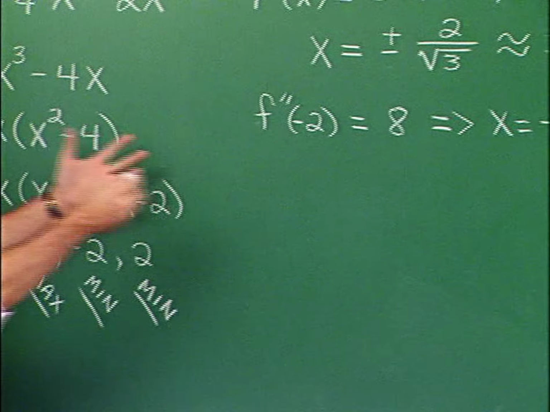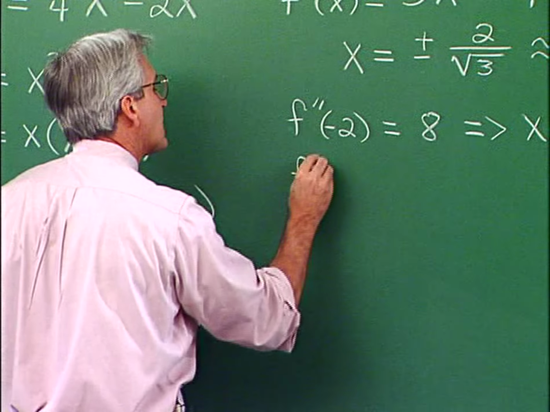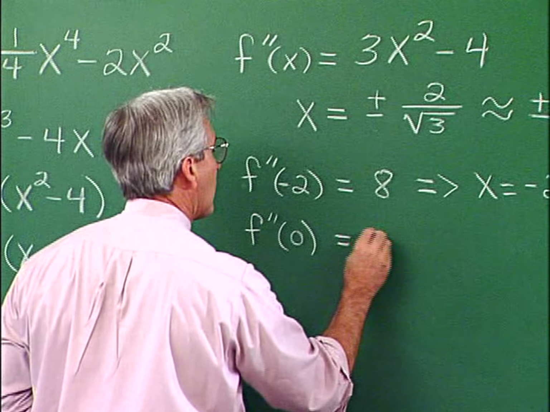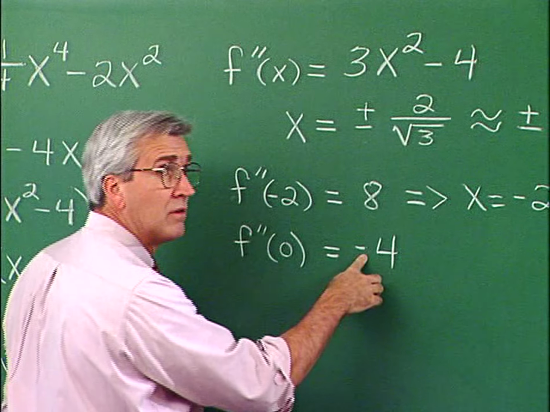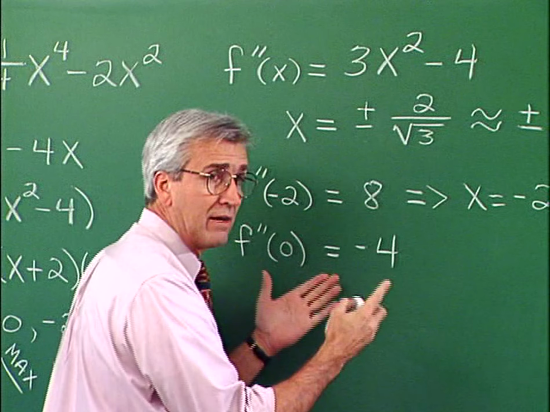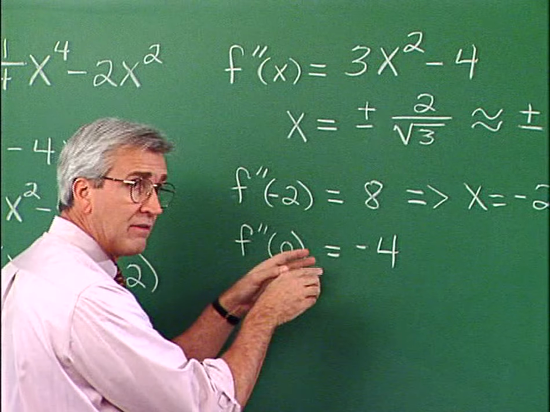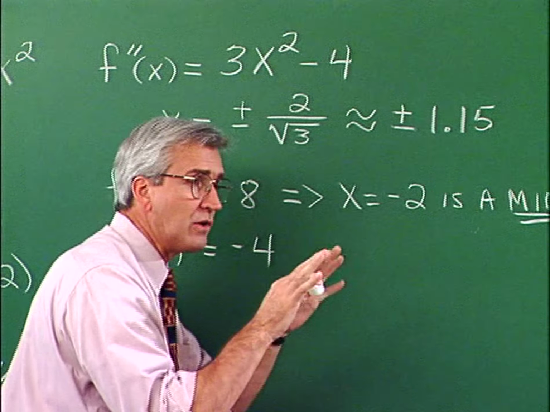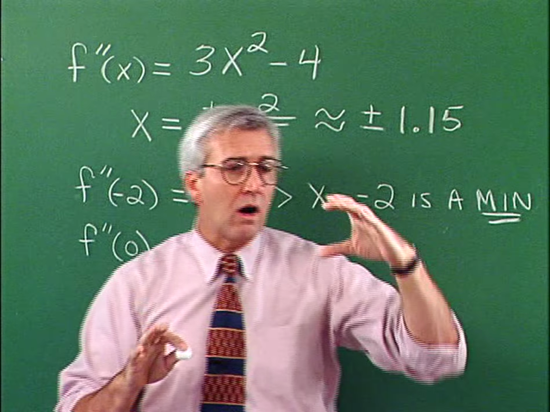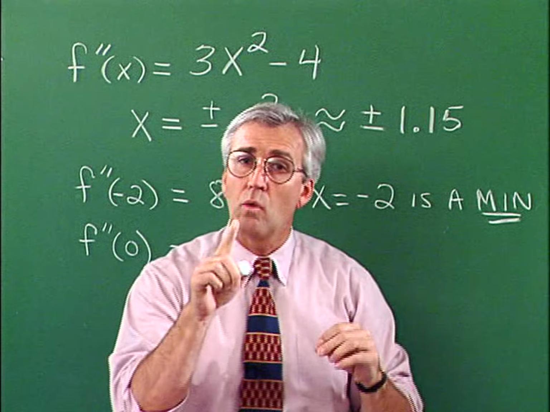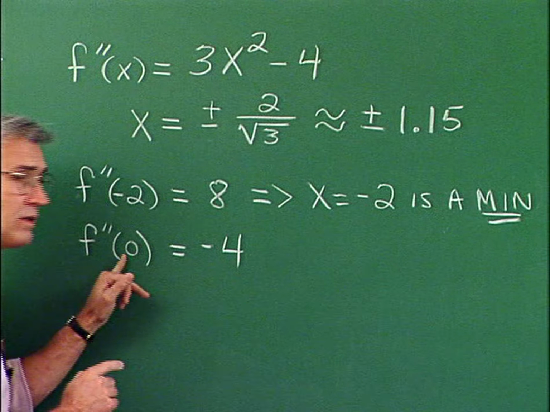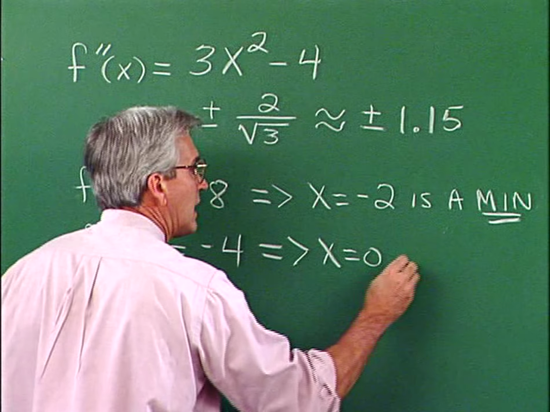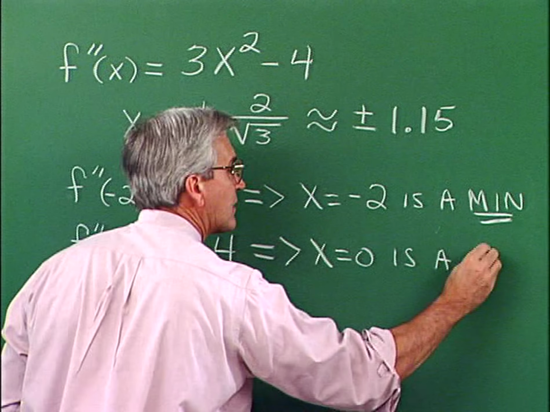For 0, okay, let's do the test. f double prime of 0. Well, what's that? Pop 0 into that, and we get -4. Since it is negative, I don't care if it's -1, -4, -10,000, it's negative, and that tells me that this is a region where all of the values are going to be negative, where we have a concave down situation where this point is going to be a relative max. So it implies that x equals 0 is a max.